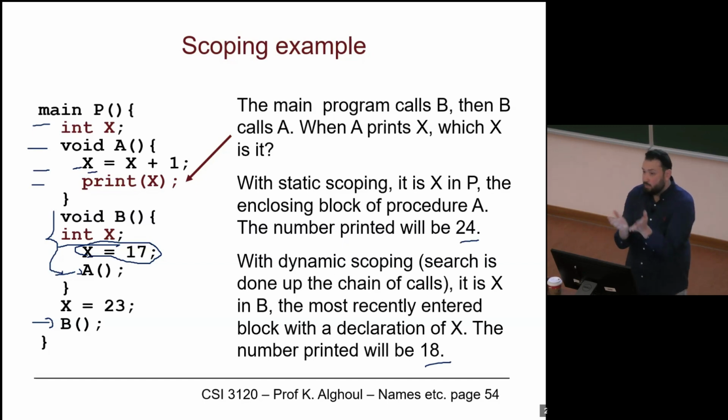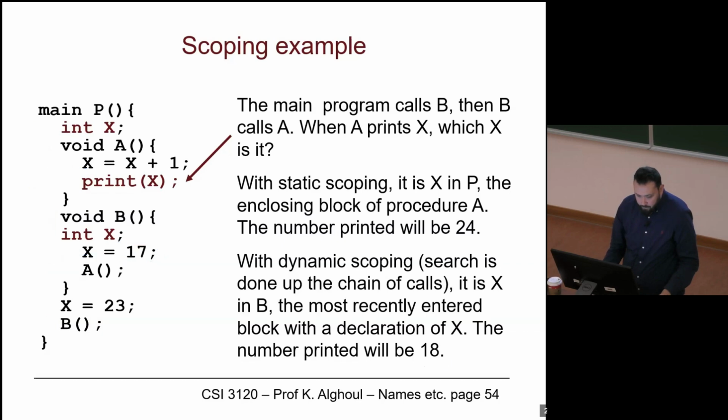Of course, as we said, most of the popular languages follow static. We don't follow dynamic. It's not very clear what the advantage of it is, but in the past they used to use it. Yes, Mike. So for example, inline functions: it takes the function and puts it in, so if we define A as an inline function, it takes the code of A and puts it in B. In that case, would A be able to access the X from B?